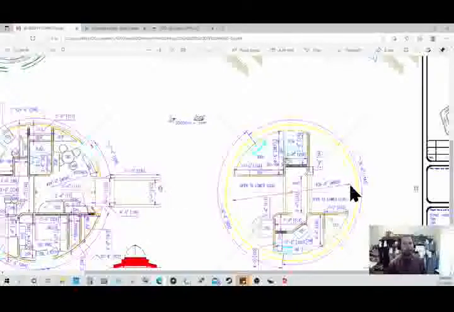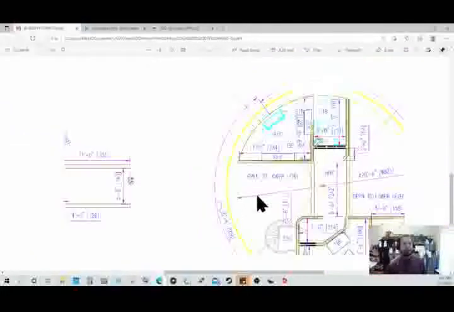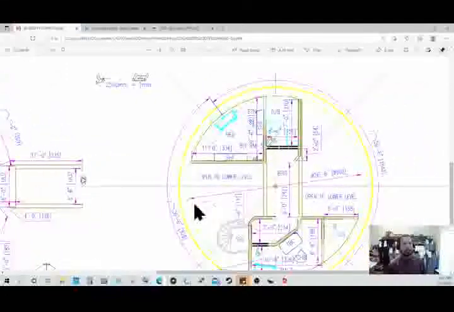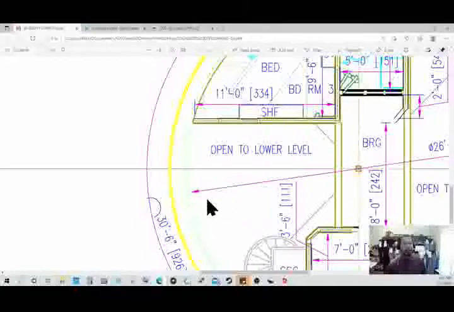I'm measuring the inside circumference, the inside of that wall, or the inside of that. This is a representation of the wall, of course. The wall in a dome like this is going to be curved, and as looking at it from the top, you're not going to notice the curvature.